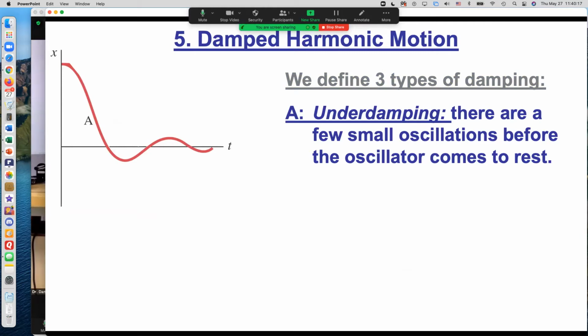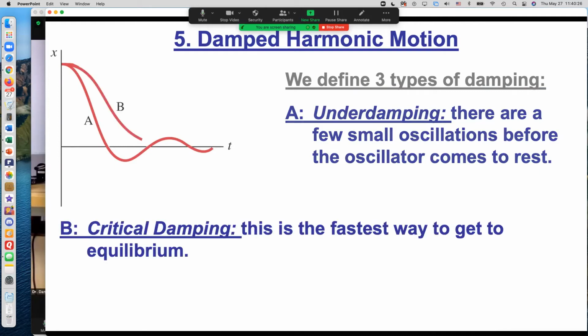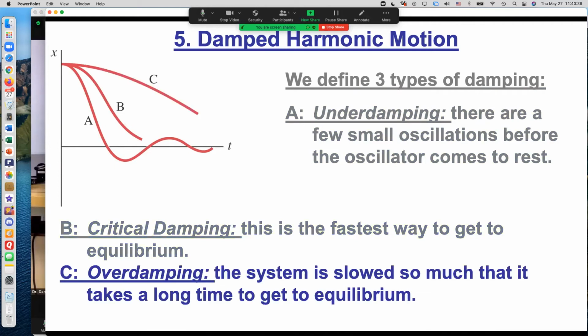What I was showing you here is also underdamping, but we're not intending to damp this, right? Then we have critical damping. That's the fastest way to get back to no motion. And then we have overdamping. The system is slowed so much that it takes a long time to get to equilibrium.